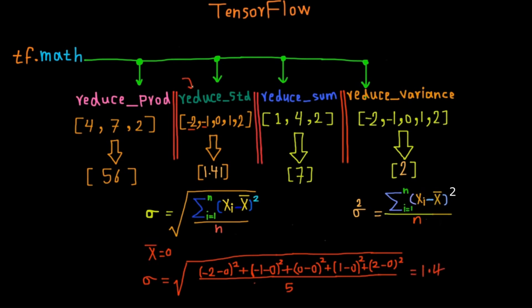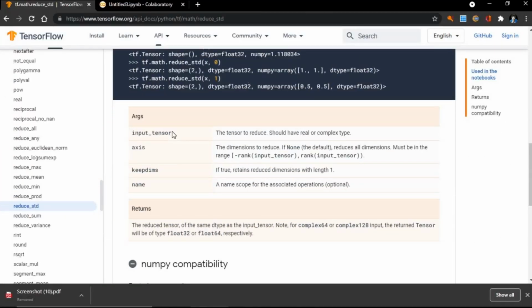Now we will use reduce standard deviation function to make all these calculations. There are a bunch of arguments in reduce standard deviation function. The first one is input tensor, which is the tensor to reduce. This tensor should have real or complex type.